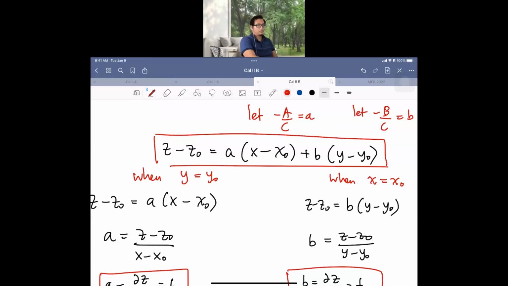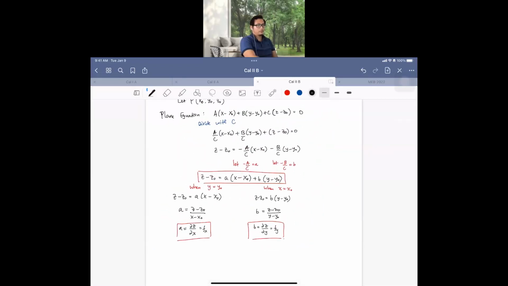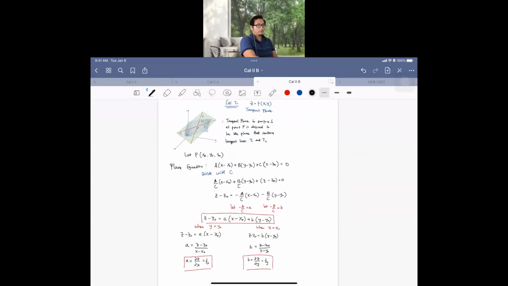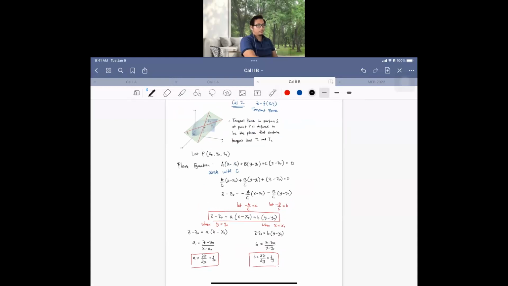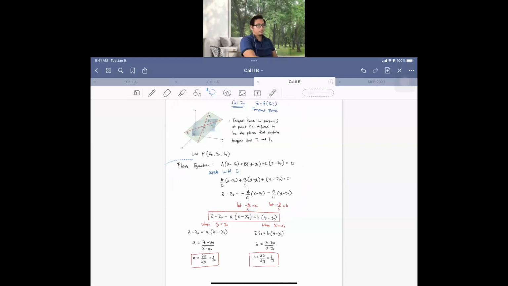Okay, so let me write a little bit closer here. Let me resize this a little bit.